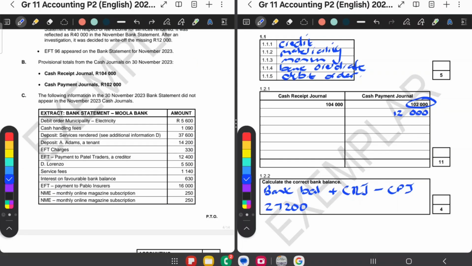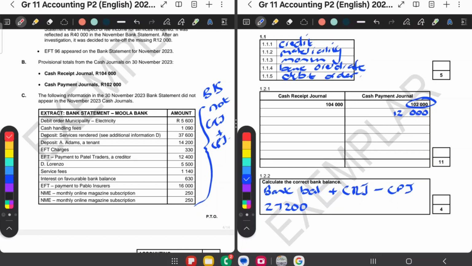Information C says the following information in the 30 November 2023 bank statement did not appear in the November cash journals. So the following items appeared on the bank statement, but not in the CRJ and the CPJ. So we need to read through this and then decide where it should go.